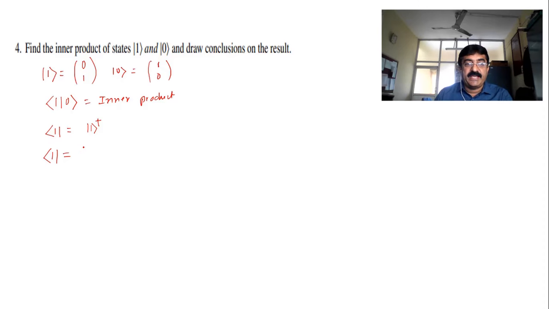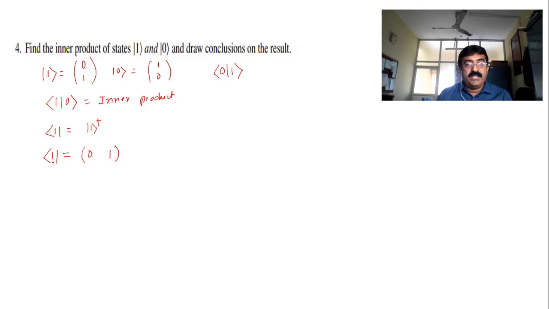What I mean to say, the column vector 0, 1, you write it as the row vector 0, 1, it becomes the Hermitian. It is nothing but bra 1. Did you understand? Suppose if I ask you to find the inner product of 0 and 1, then also you have to do it like this only. Okay, anyway, I will continue with this.